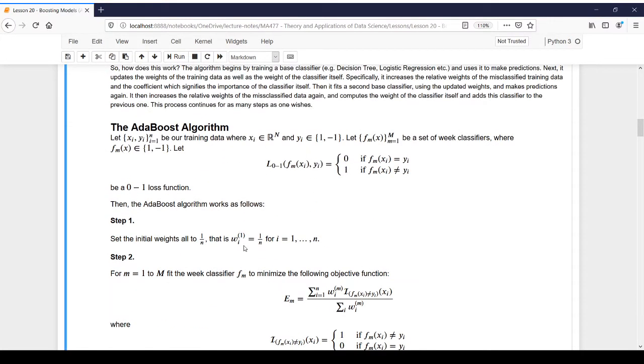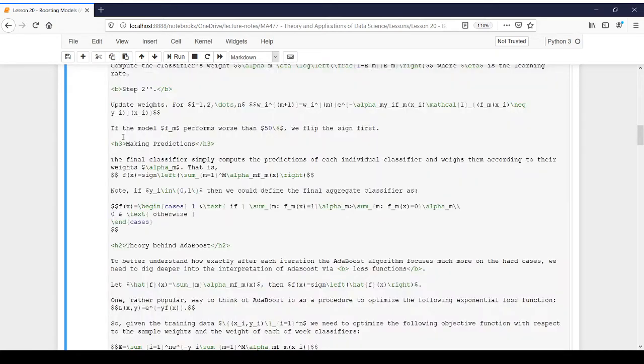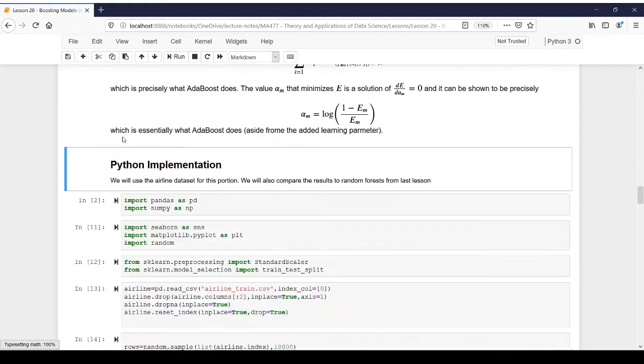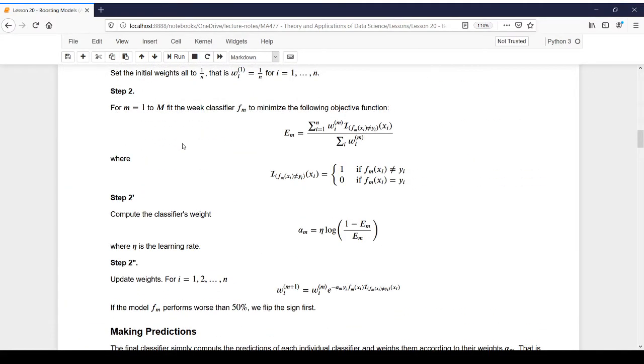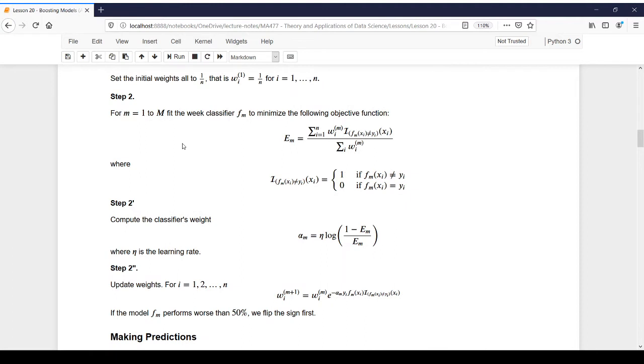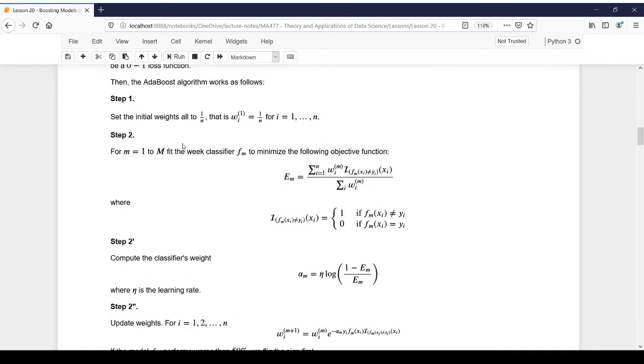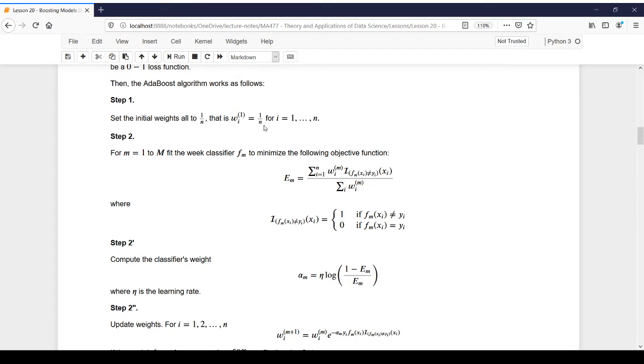So we have as many weights as we have training samples, and these weights are going to reflect which training samples are being classified correctly and which are being misclassified, and we'll see a little later how that comes about. There are different ways to initialize these weights. You could initialize all of them to be 1, or to be 1 over n, where you normalize them.